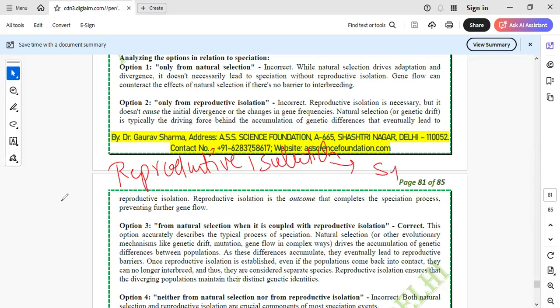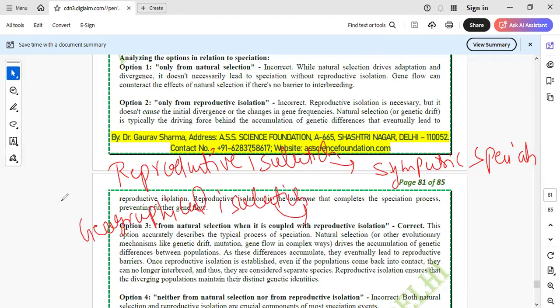Reproductive isolation causes sympatric speciation, and geographical isolation is responsible for allopatric speciation. ये आपको याद रखना है दोनों चीज. For allopatric, this could be the next question. Allopatric speciation. Right. So in this manner we are done with 140 questions, and now we will discuss the passages.